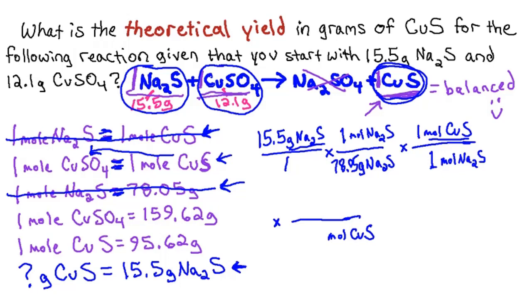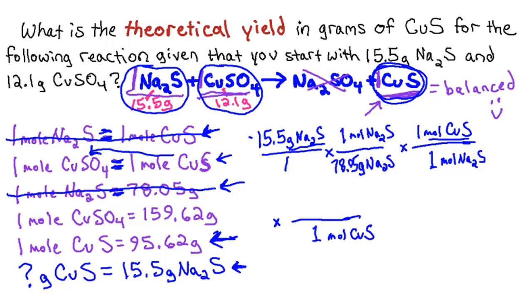And we're not dealing with CuSO4 right now. We're dealing with Na2S. Remember this 15.5 grams? So we're going to look further down in our data table, and we're going to find this row down here on the bottom, 1 mole of CuS equals 95.62 grams of CuS. So that's what we're going to use.